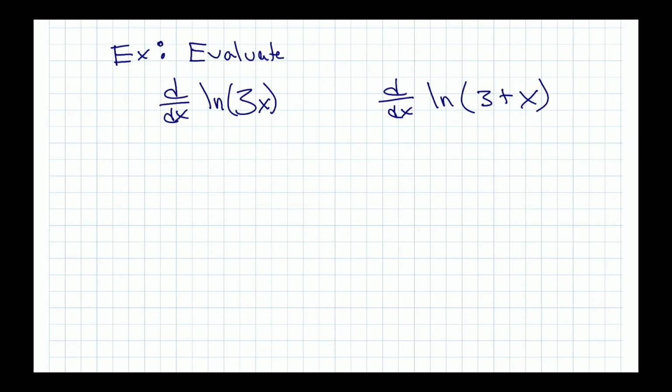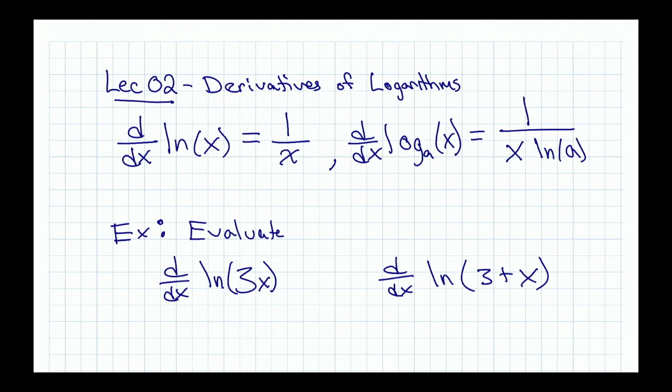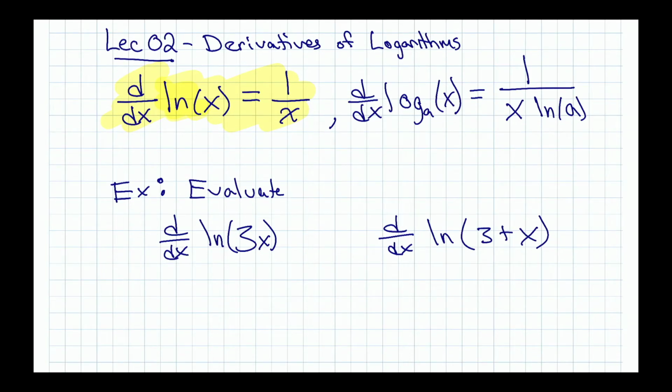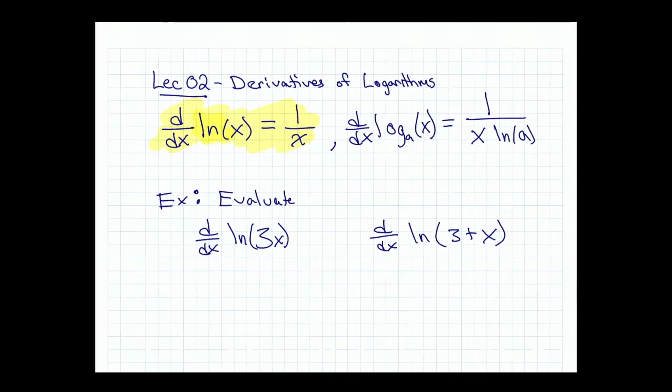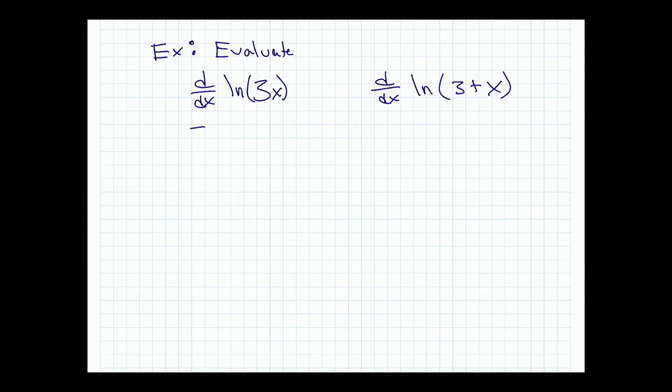Both of these involve the chain rule, which you all know because you've taken Calculus 1. The derivative of the natural log x is 1 over x. So when you're taking the derivative of ln 3x, that's pretty straightforward: it is 1 over 3x.